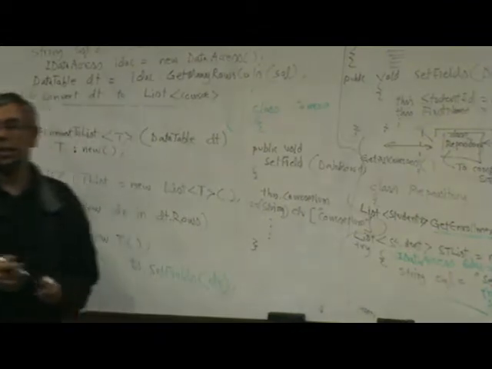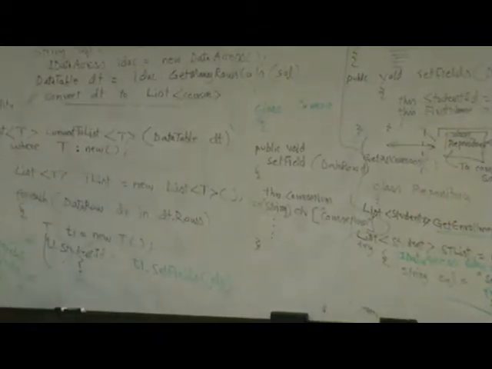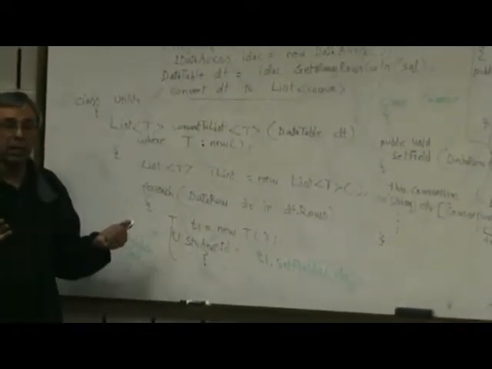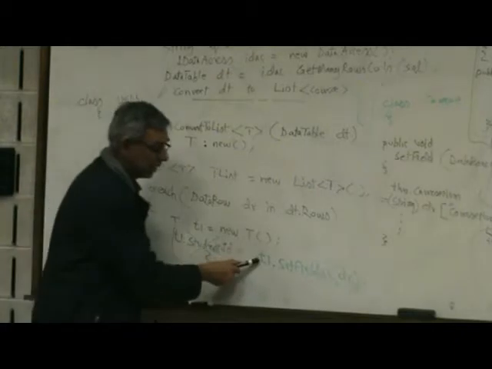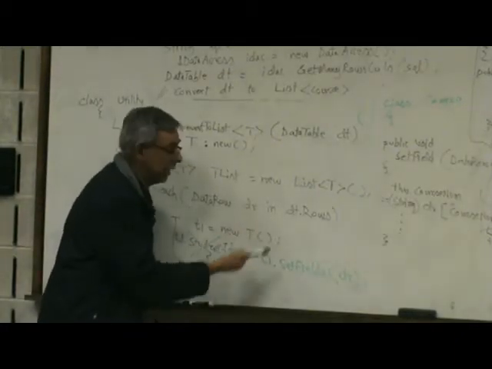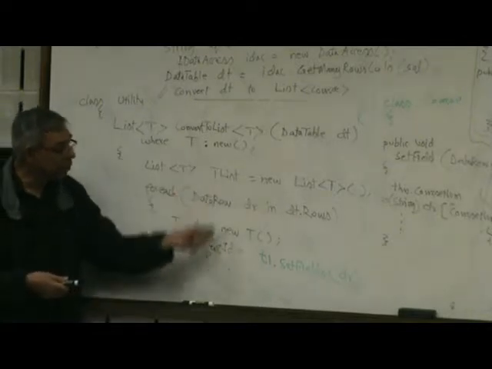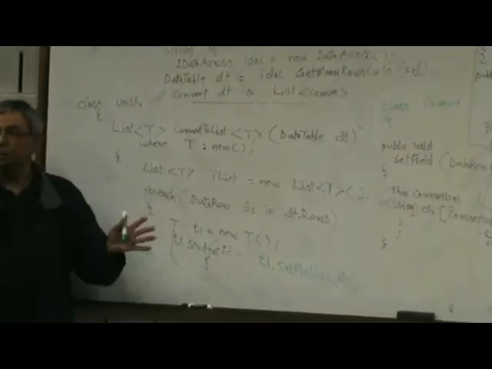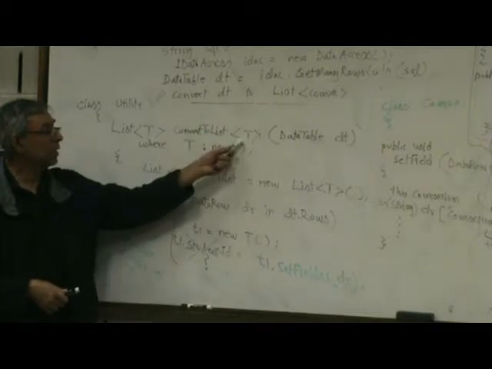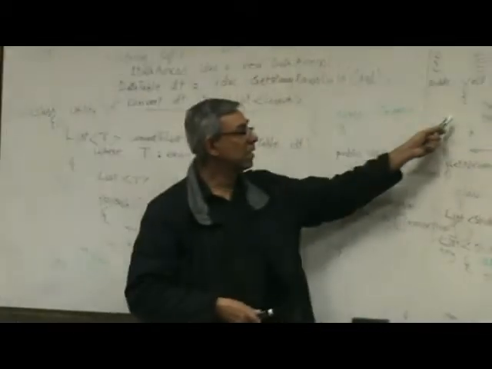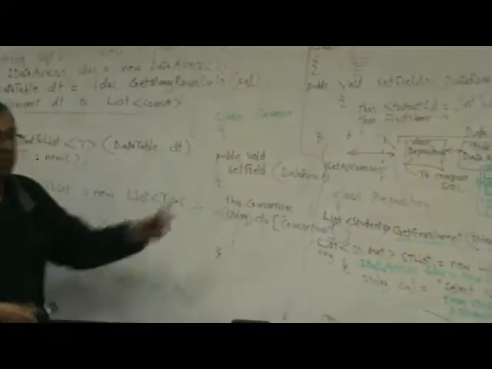They made it setField. What will happen now? The compiler will not catch it, because type T could be student, type T could be course. You call it on the student, it will work perfectly. You call it on the course, what will happen?